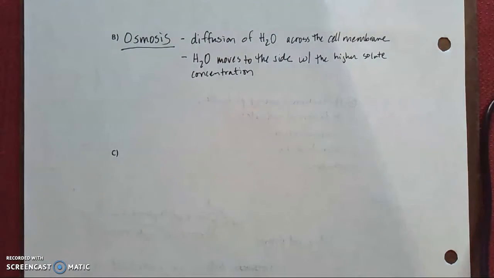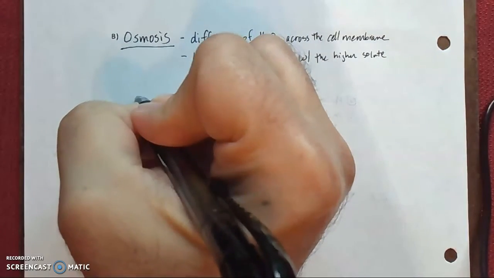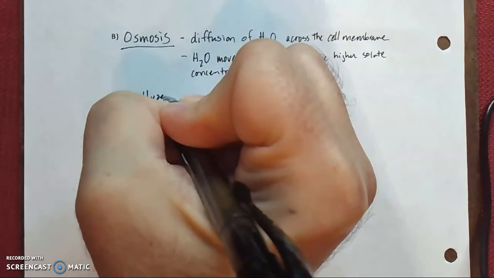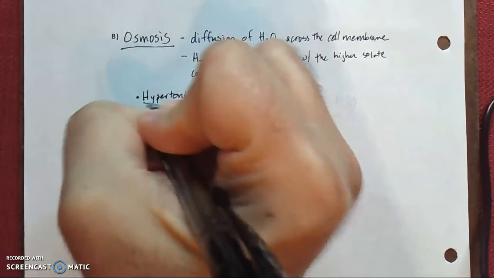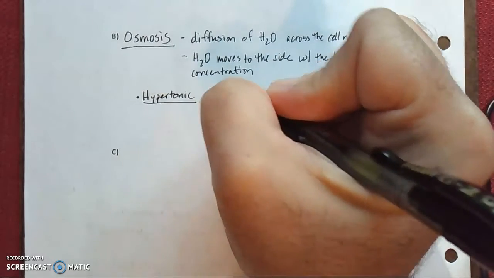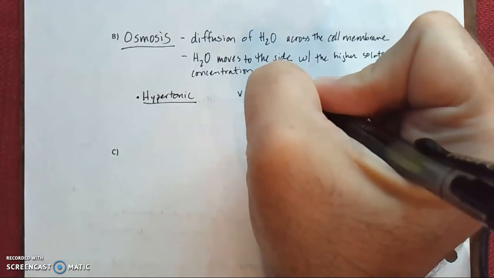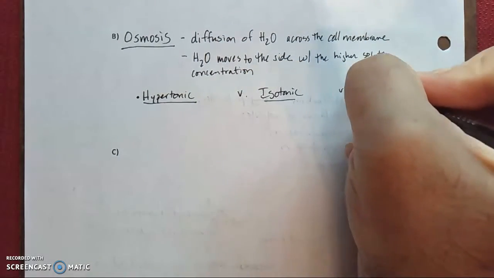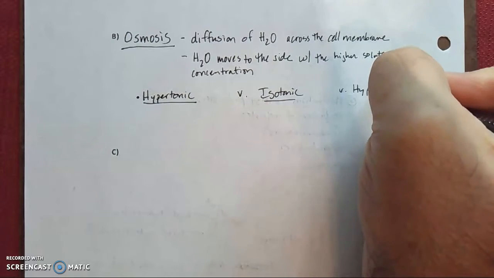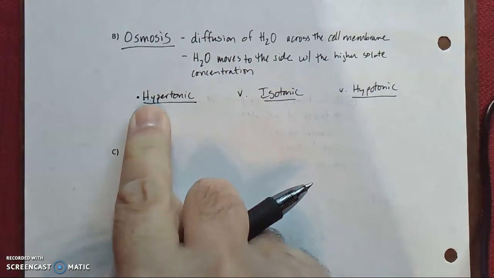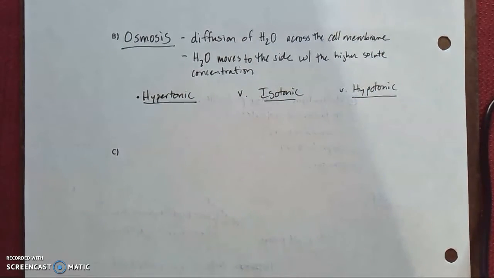So that gives us three different situations with respect to cells. And these are all vocab words. Hypertonic, isotonic, and hypotonic. Again, hyper and hypo, we talked about. Iso, we haven't.